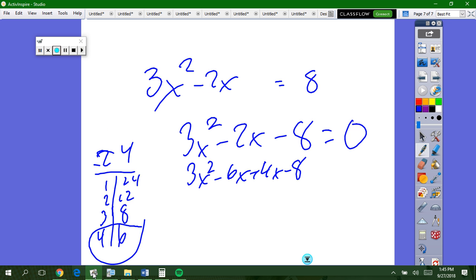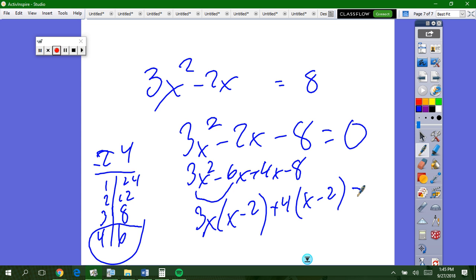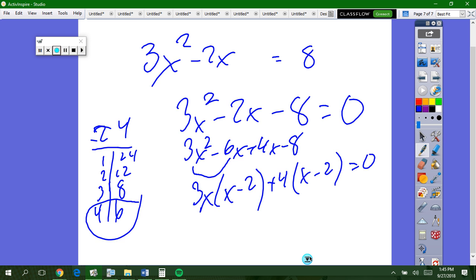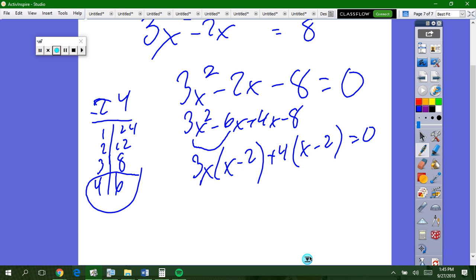Do this problem? Oh, I'm so excited to see what happens. What do these guys have in common? 3x, don't they? I'm left with an x minus 2. Did you get that? What does the next guy have in common? That's x minus 2 as well, isn't it?